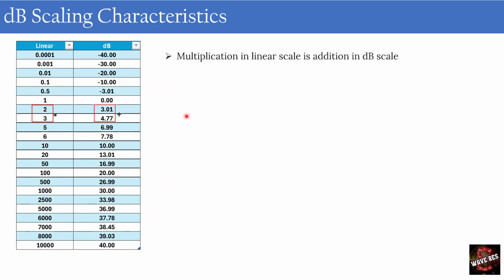Another characteristic is that multiplication in linear scale is converted into addition in dB scale. If I multiply 2 and 3, it becomes 6, and in dB scale it corresponds to the addition 3 plus 4.77. It is not multiplication, it is addition. So multiplication in the linear scale becomes addition in the dB scale.